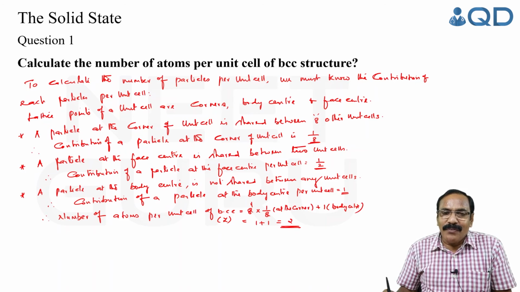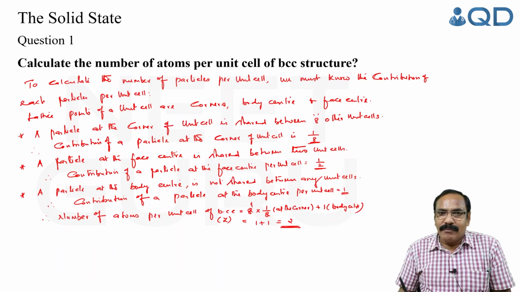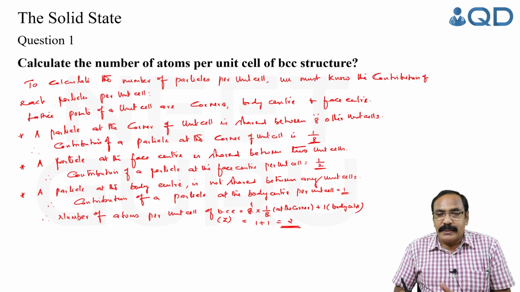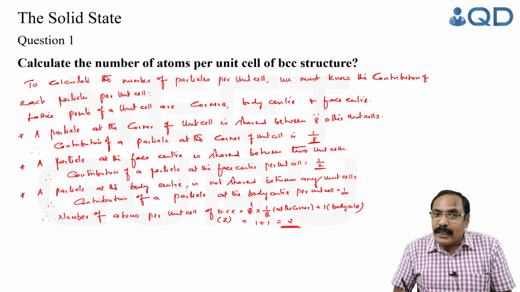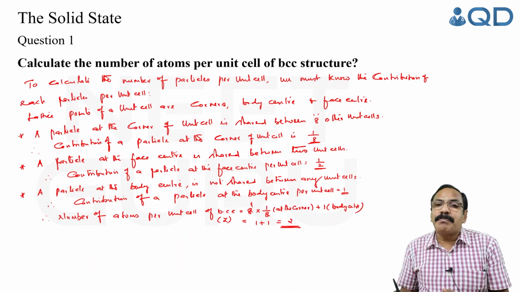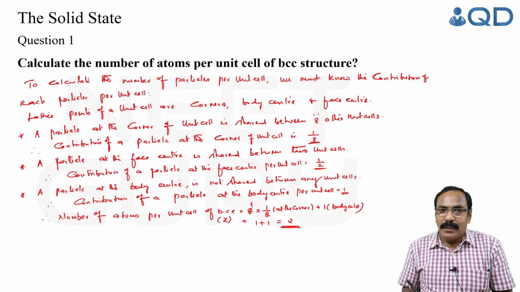Okay. So, we have discussed very important points of solid state: the 7 crystal systems, the 14 space lattices, the type of axial distances and axial angles, and the contribution of each particle per unit cell.